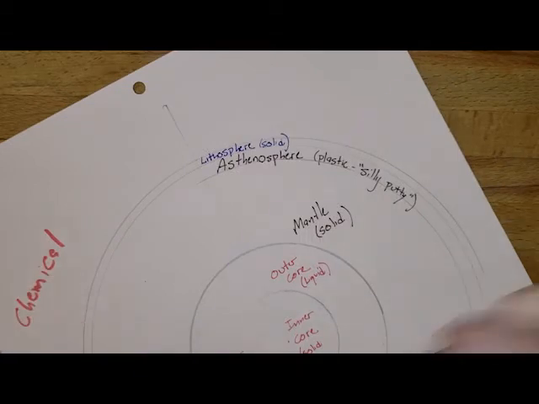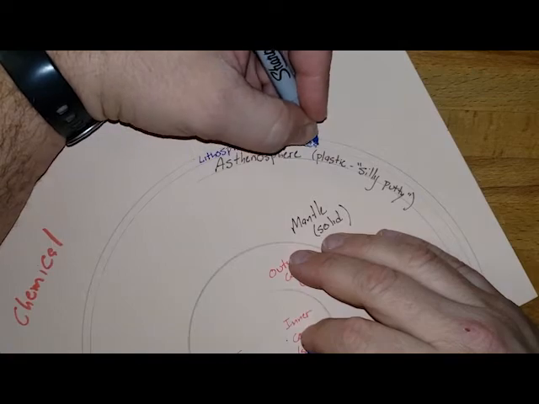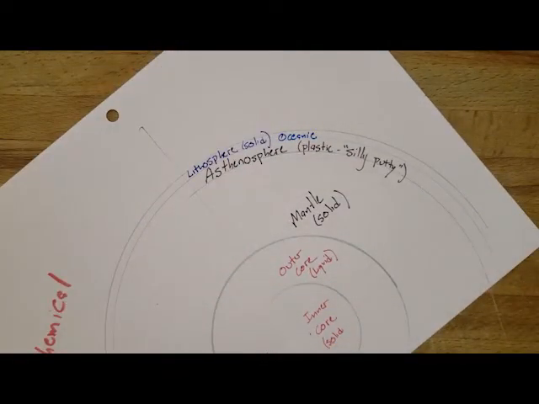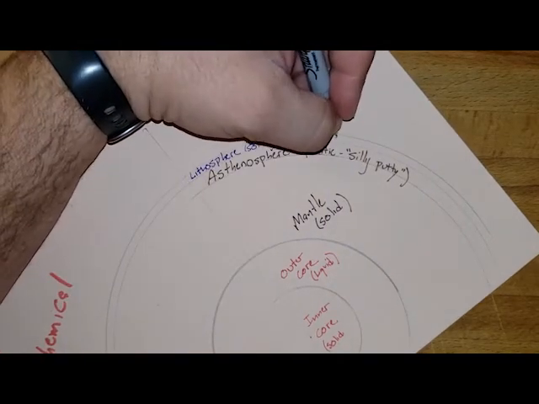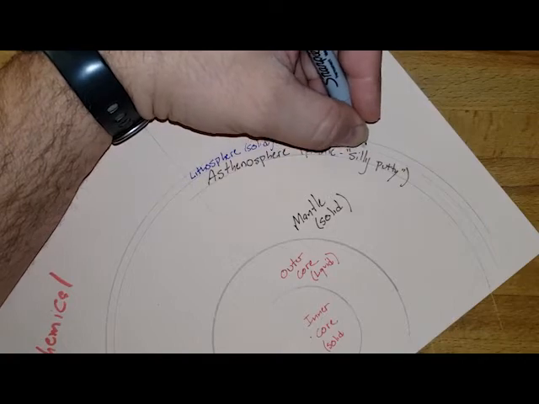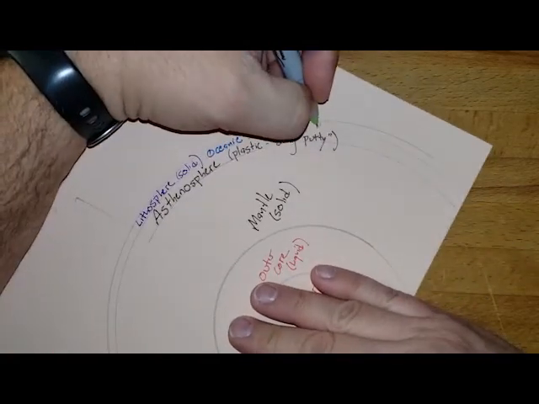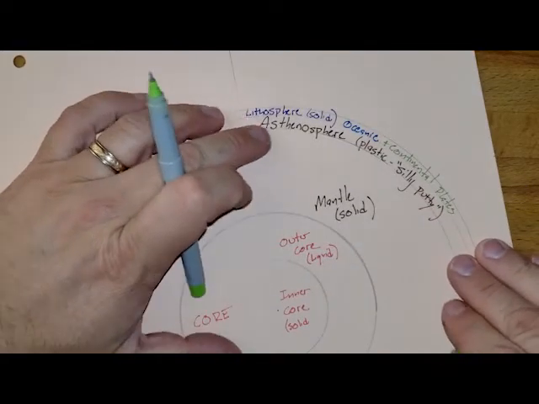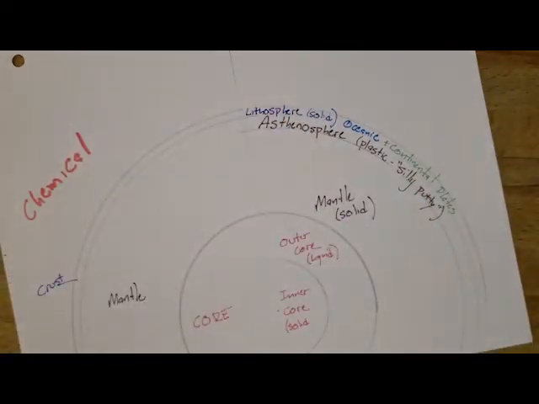Some are oceanic plates, floating around there, and the other type are continental. So our oceanic and continental plates make up the lithosphere, and that lithosphere is the solid material floating around on the asthenosphere.